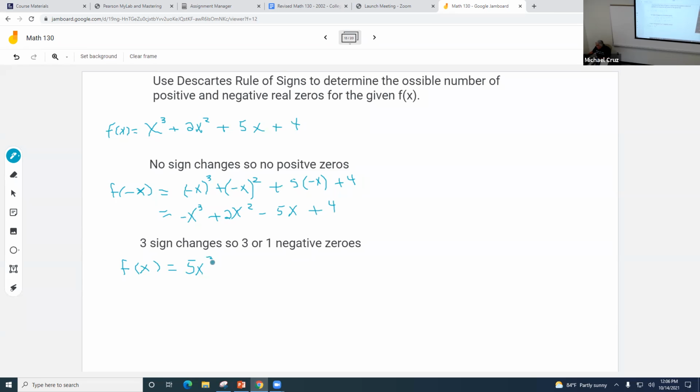Five x cubed minus 3x squared. So how many sign changes are there? There's 3. So 1, 2, 3.